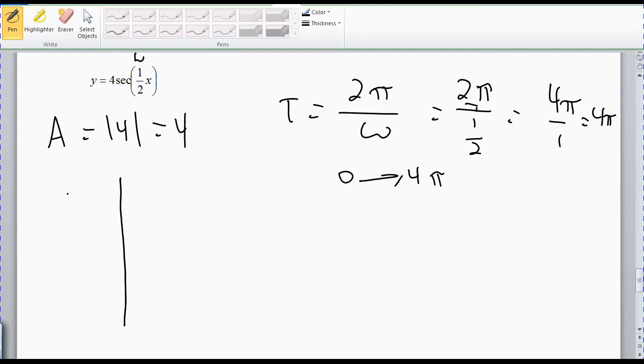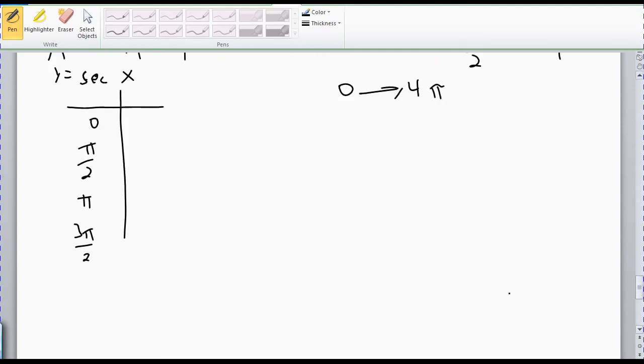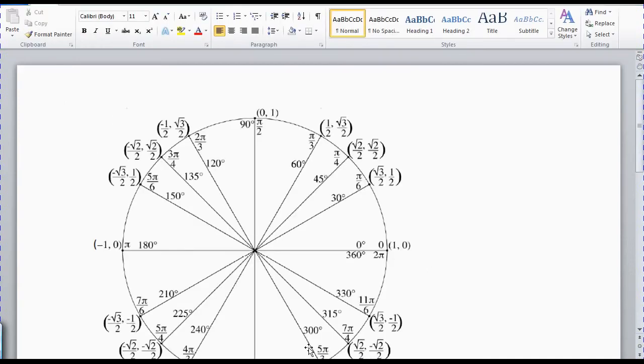And so we're going to do y equals cosine or secant x first. And since we're doing 2 pi, we're going to go back to our quadrantal angles. So it's going to be 0, pi halves, pi, 3 pi halves, and then 2 pi. Secant same as 1 over cosine, which is the x, so 1 over 1 is 1.